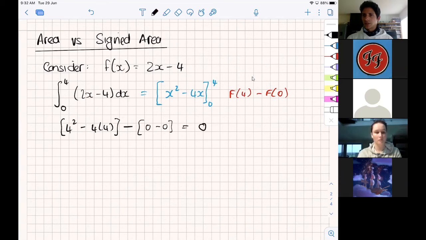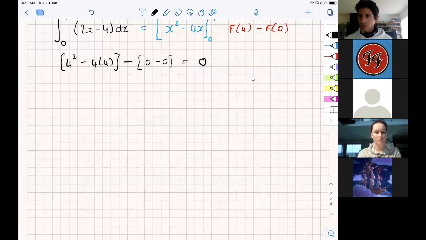And now that's interesting, isn't it? How can you have an area of nothing? An area of nothing doesn't exist. So let's draw the graph of 2x minus 4 between 0 and 4, and let's see what's going on here.